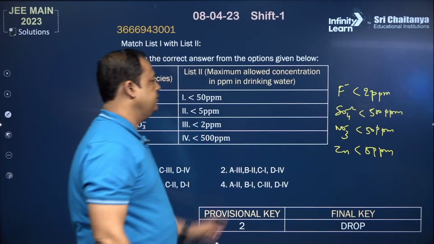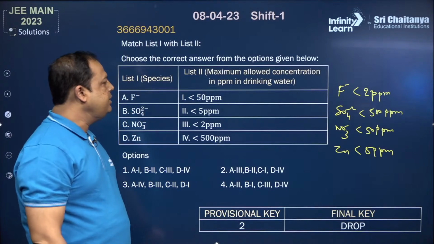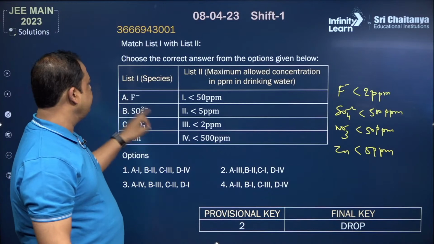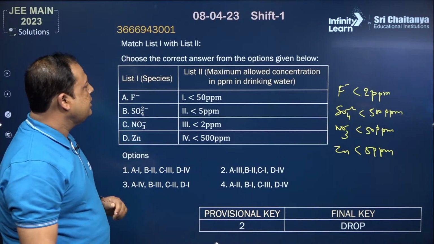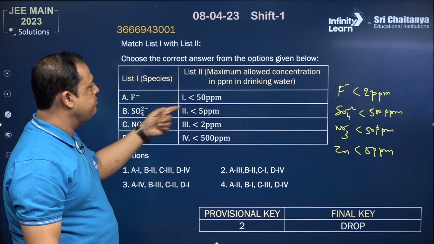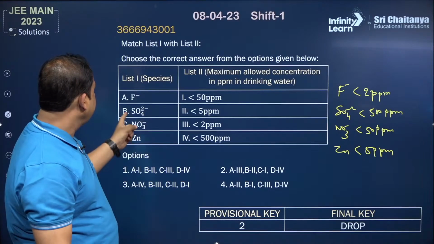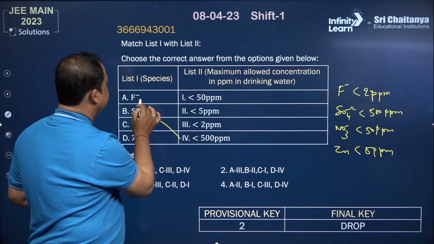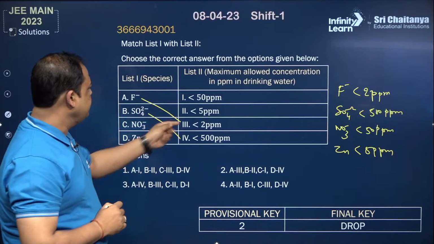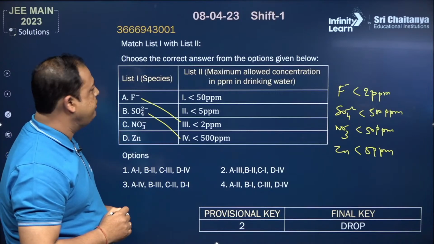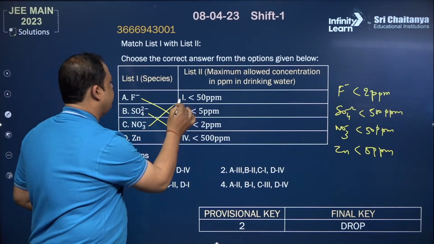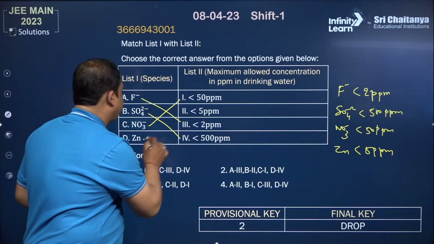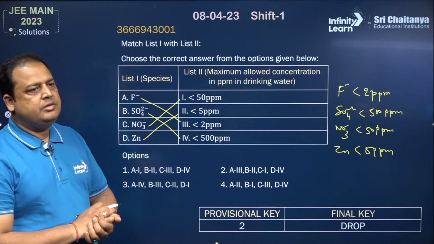Now match this with the options. Is this matching with anyone? It's not matching with anyone. The first matches with third, okay? The second, sulfate, matches with 500 ppm, so B should be linked to 4. The first should be linked to 3, and nitrate is 50 ppm. Nitrate should be matched with this, and zinc is 5 ppm. See, is this matching with anyone?